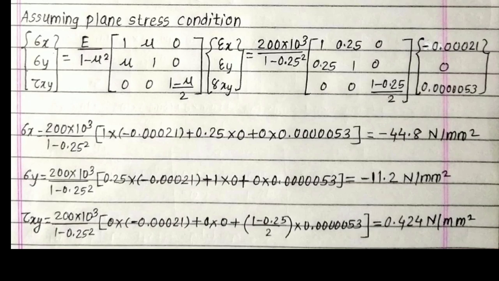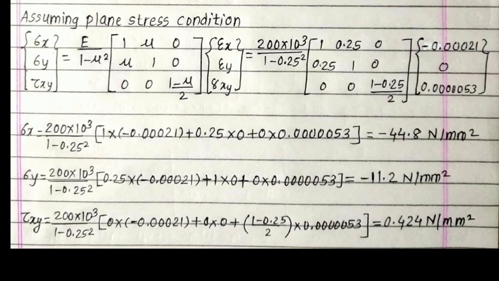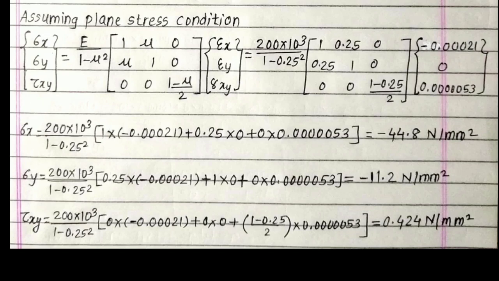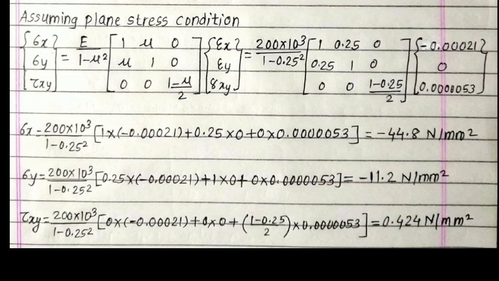Now I will calculate tau xy, which is equal to 200 into 10 to the power 3 divided by 1 minus 0.25 square into the third row multiplied by the column. So it is 0 into minus 0.00021 plus 0 into 0 plus (1 minus 0.25) by 2 into 0.000053. So I will get its value equal to 0.424 Newton per mm square.